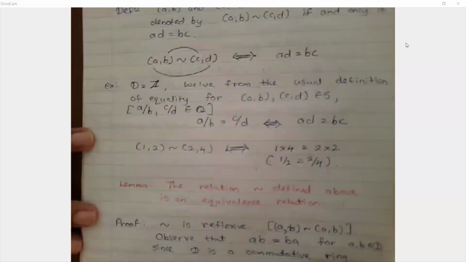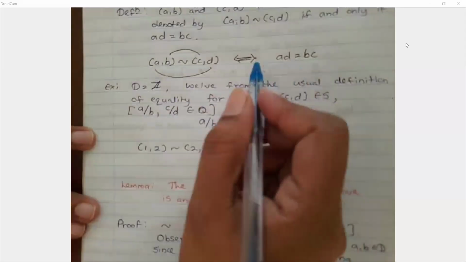Now, AB is equal to BA. If we go back to this relationship, this is an if and only if statement, this is the definition.